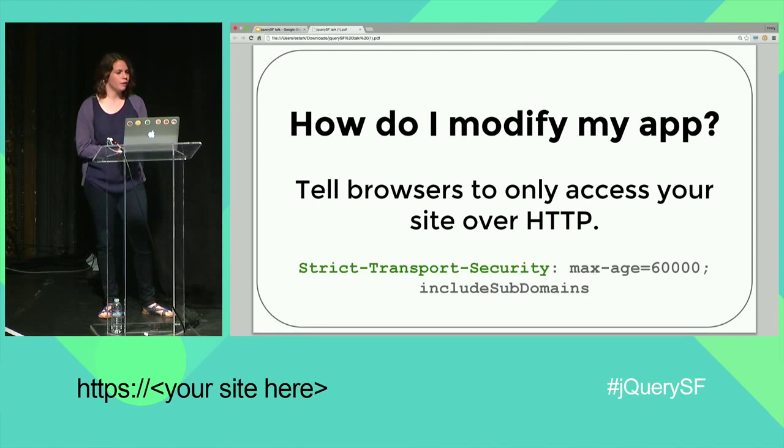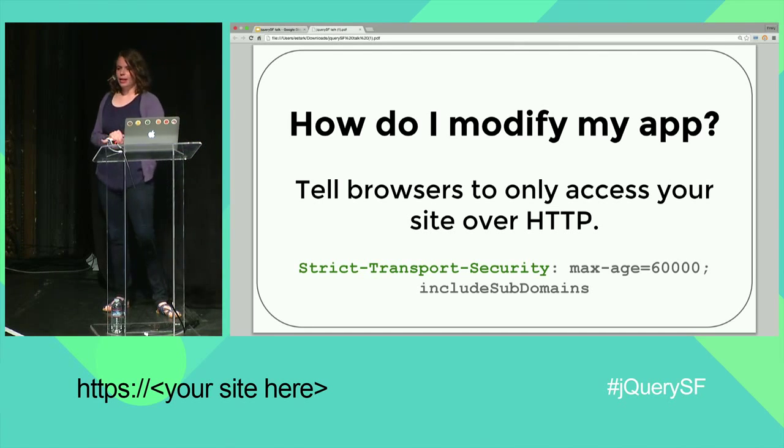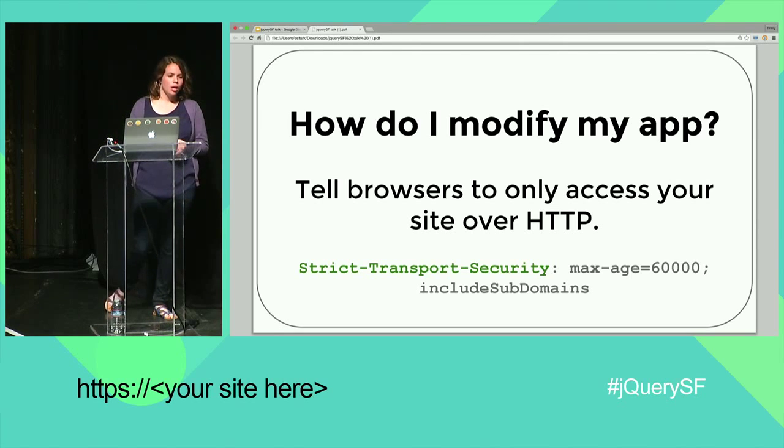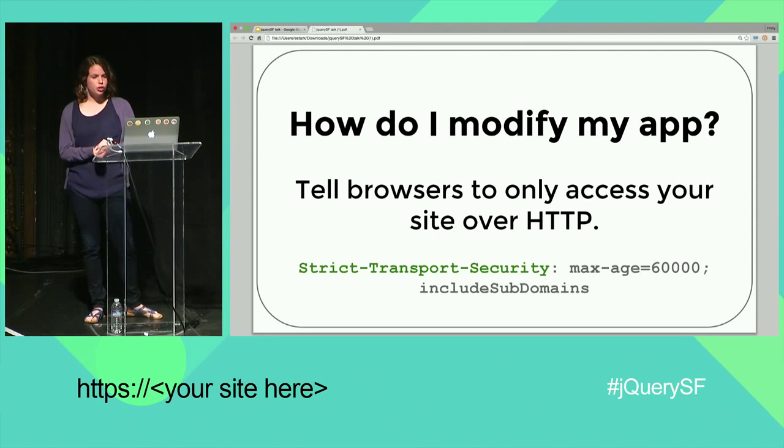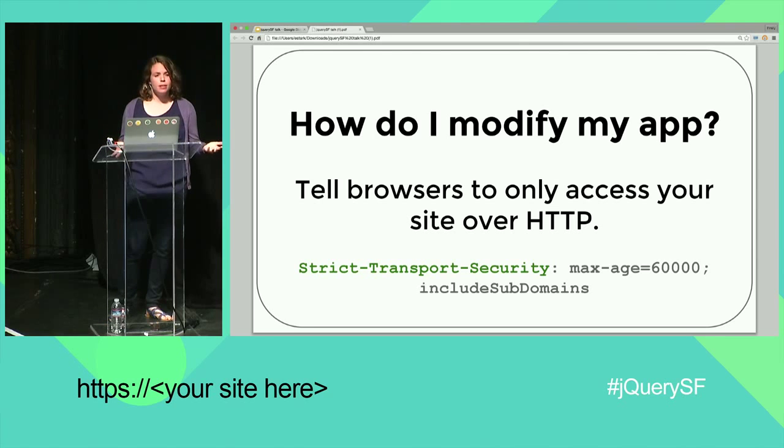So you're probably serving a 301 or 302 redirect to send users to the HTTPS version of your site. What would you do with that if you were the evilest attacker you could imagine? You would probably intercept this 301 or 302 redirect that's served over HTTP. You would just intercept that and replace it with whatever malicious content you want.